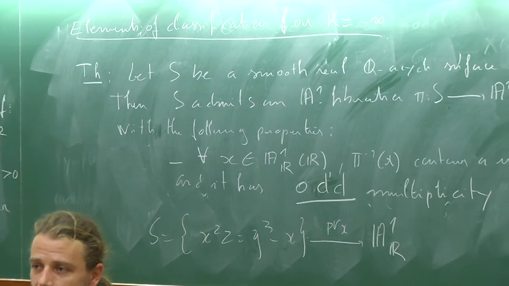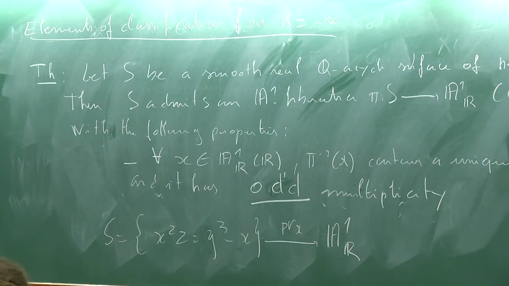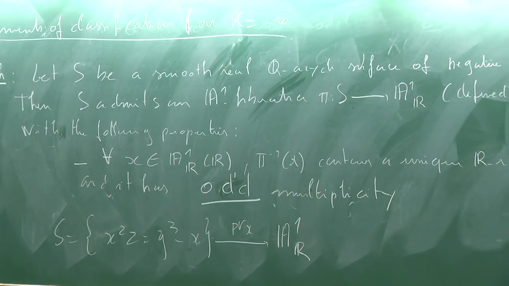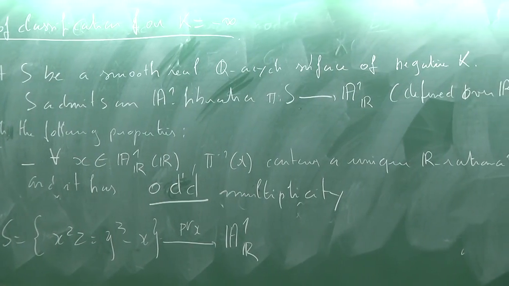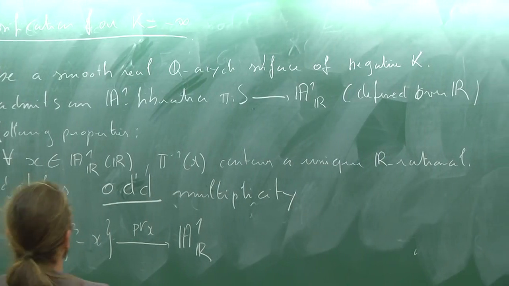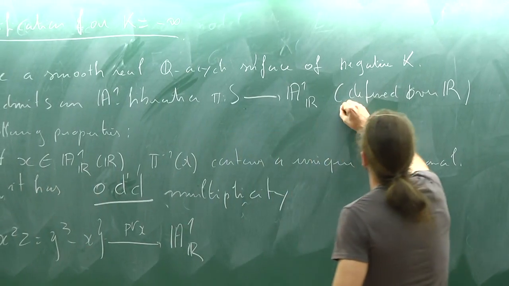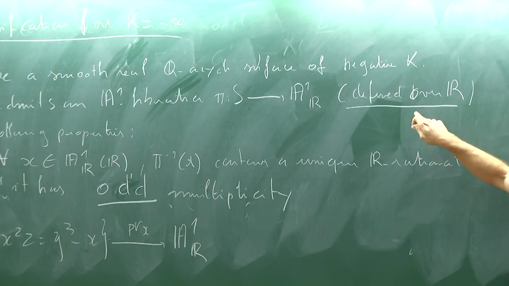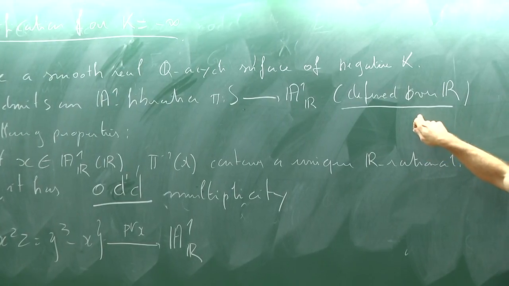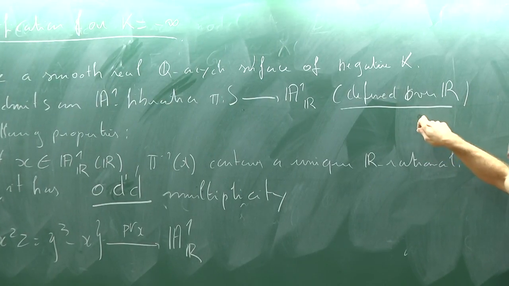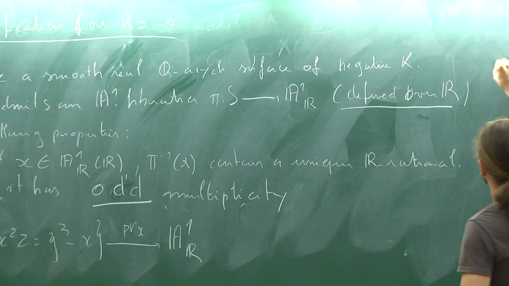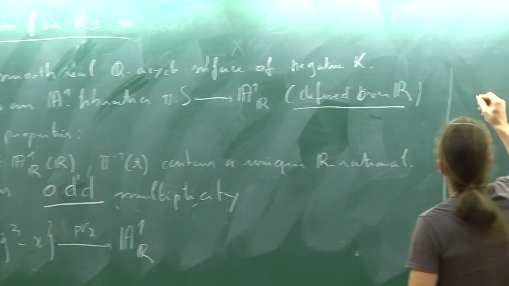The base curve is to be A1. But this fibration is a priori defined over the complex numbers, right? And here the really difficult part is to check that there is such a fibration defined over R. And this is a non-trivial thing.